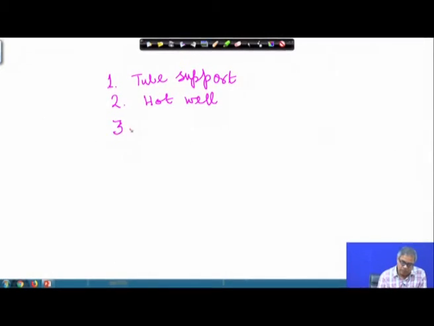Then steam inlet, this also needs to be designed.